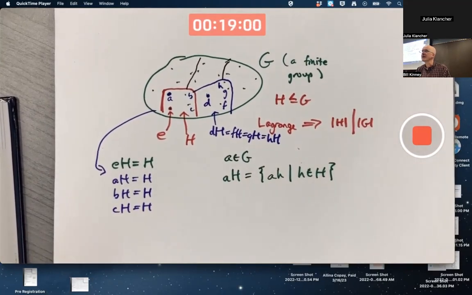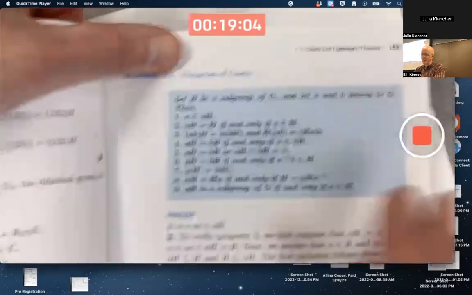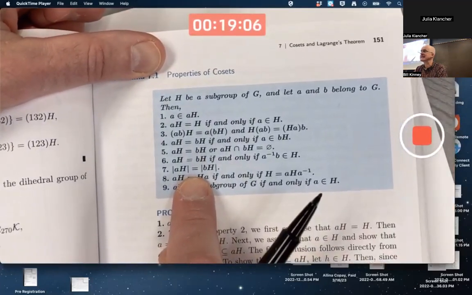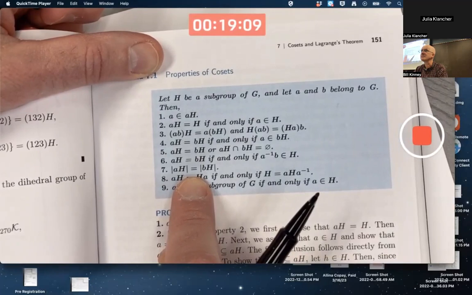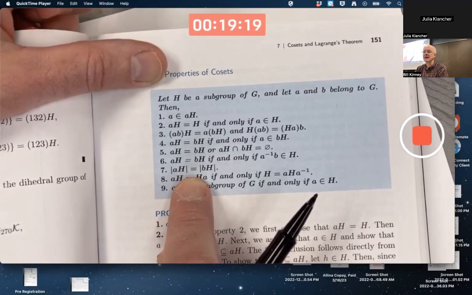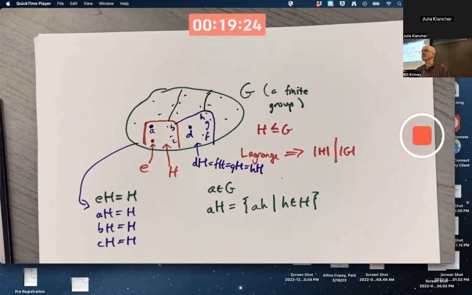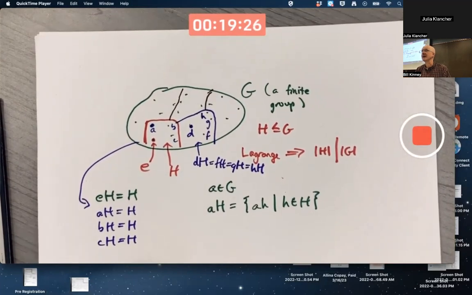Moreover, here, with this particular partition, property 7 says each set has the same order. Actually, in general set theory, you'd call it the same cardinality is the word to use. Same number of elements. That doesn't happen in general for arbitrary partitions, but it does here in a finite group, where the partitions are defined by left cosets.